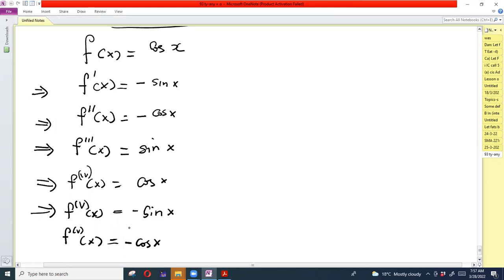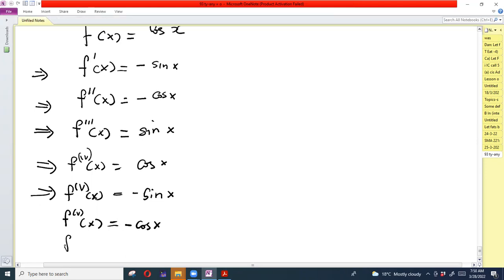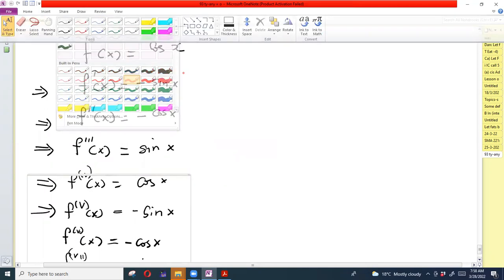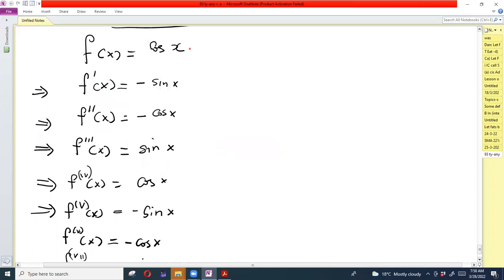And then the seventh derivative will be given by negative sine, positive sine. And then the same thing continues. So you see the function was cos of x. After 1, 2, 3, 4, the 4th step will repeat the same function.